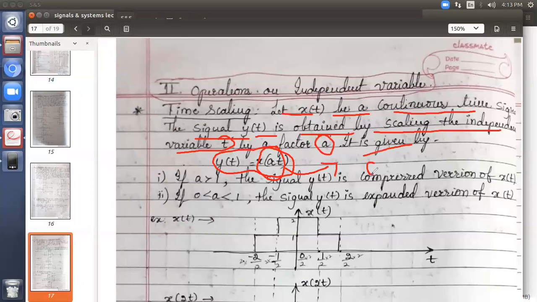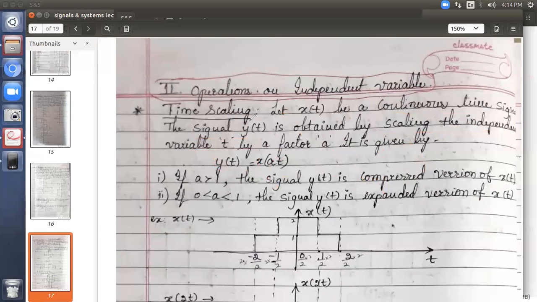There it is a into x of t. Here a is inside the bracket, there a is outside the bracket. Outside the bracket indicates amplitude, inside it is associated with time t. That's why this is the vertical axis, amplitude, and this is with respect to time. Hence the horizontal axis is important for us.